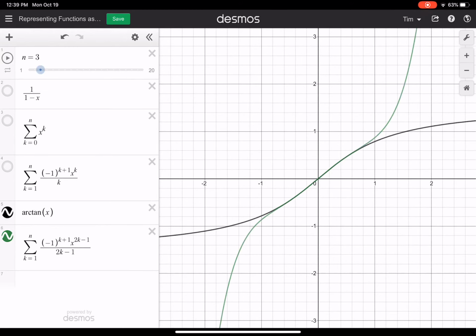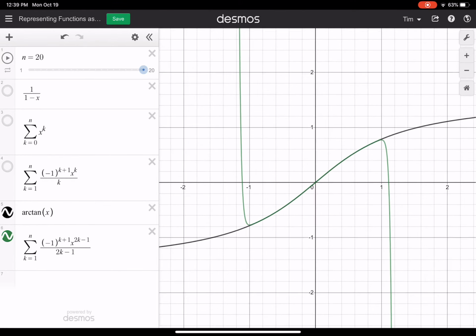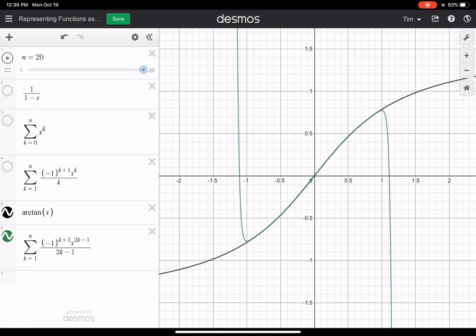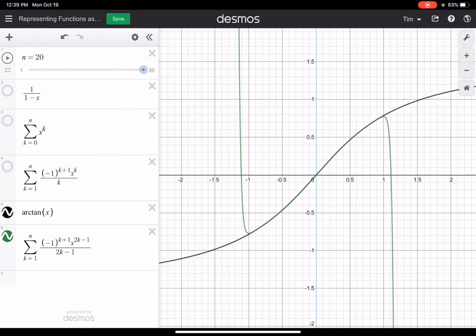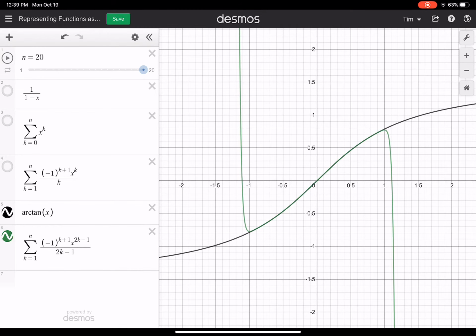Then we add on an x to the 5th over 5, minus x to the 7th over 7, plus x to the 9th over 9. And so we just keep going and adding those terms. And notice that the series converges again between minus 1 and 1. It's interesting here because there's no discontinuity either at minus 1 or 1, but because this came from a geometric series initially, it's only going to converge between minus 1 and 1.